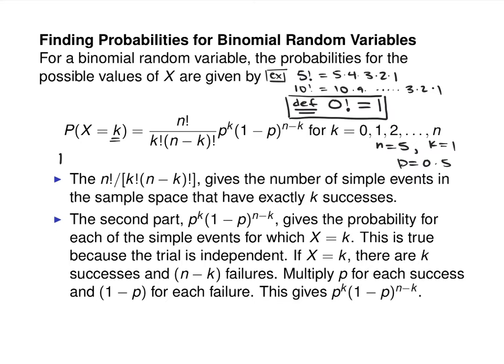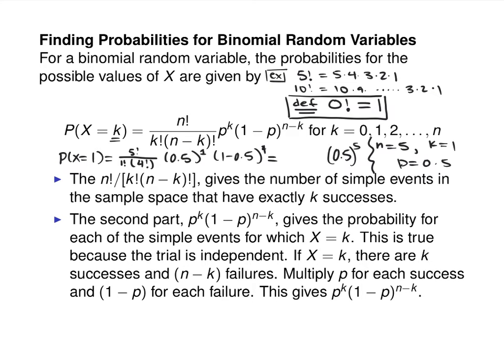Plugging that in, the probability that x is equal to 1 is given by 5 factorial over k factorial, which is 1 factorial, times n minus k, 5 minus 1, which is 4 factorial. P to the k, so p is success, that's 0.5 to the first. And then we have 4 failures, 1 minus 0.5 to the 4th. And 1 minus 0.5 is 0.5, so obviously you can see there that we have the whole 0.5 to the 5th bit.